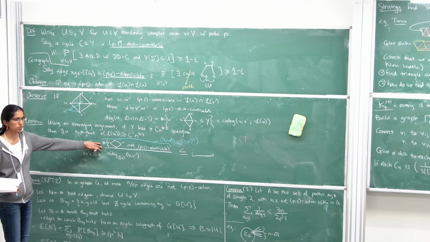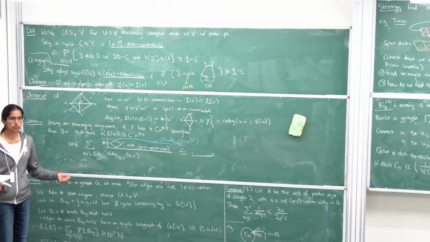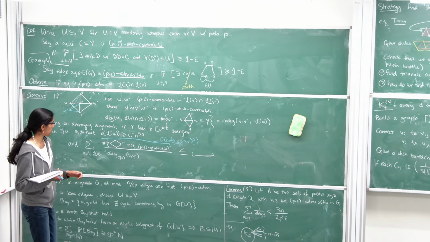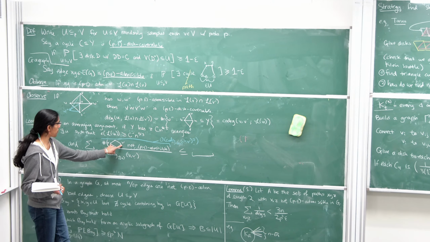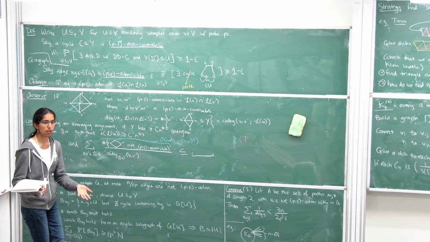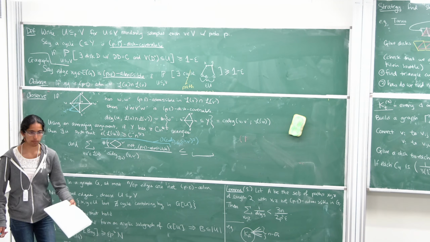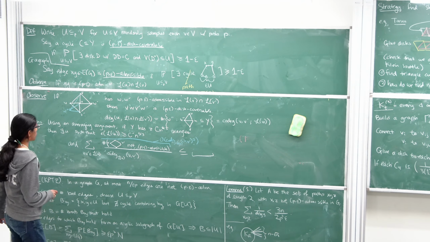So this is something stronger than telling us that at most a small fraction of C4s are bad, because it also tells us that if B and B prime are particularly well connected, then an even smaller fraction of C4s is bad.